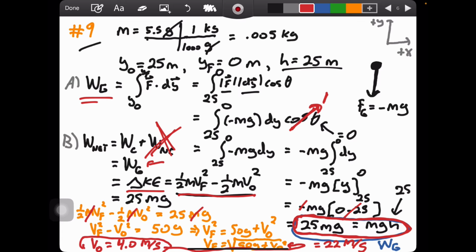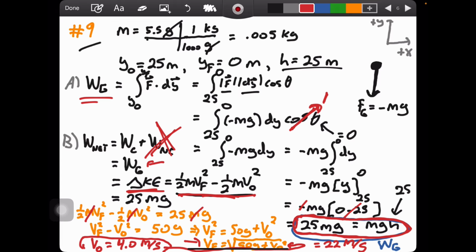the force of gravity. Once we knew it was just the force of gravity contributing to the net work on the system, by the work energy theorem, we could equate that to the change in kinetic energy of the system. Kinetic energy, of course, involves velocity, more specifically the square velocity. And so that was our ticket to eventually having an expression for V final, which is the velocity of the coin just as it hits the water.